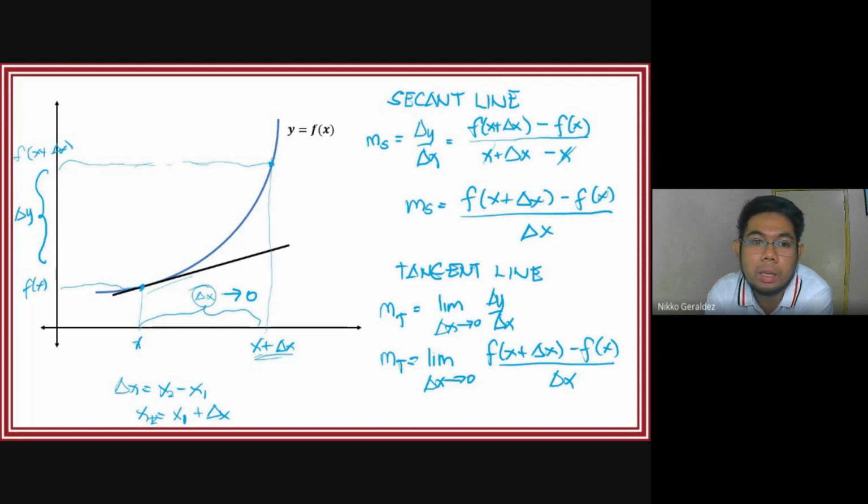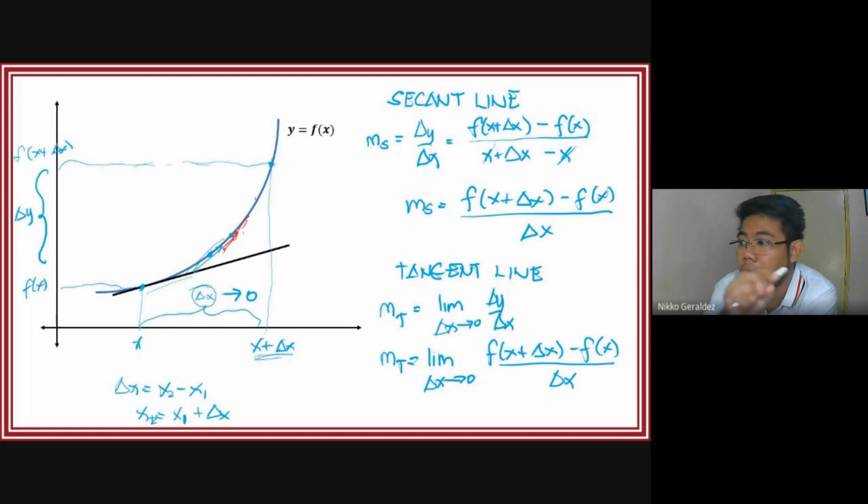Kasi, ang point sa curve, di ba nag-iiba yan? So, itong point na to, iba yan dito. Ibig sabihin, yung slope ng tangent line at this point is different to the slope of the tangent line to this point.